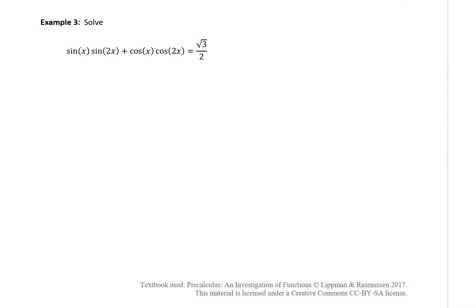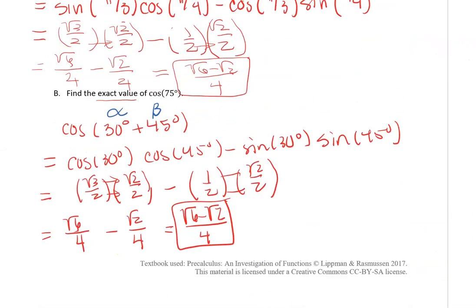Example 3, it says to solve. On this one, let's figure out what we know here. I have sine plus cosine, cosine, and it looks to me like if I called this alpha and this beta, I also have an alpha and a beta. So I'm going to roll back up to these identities and look for that.